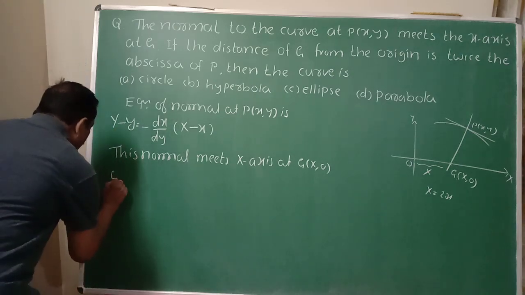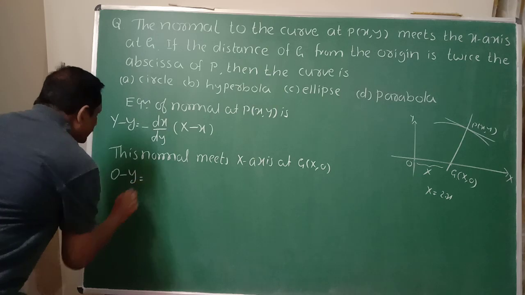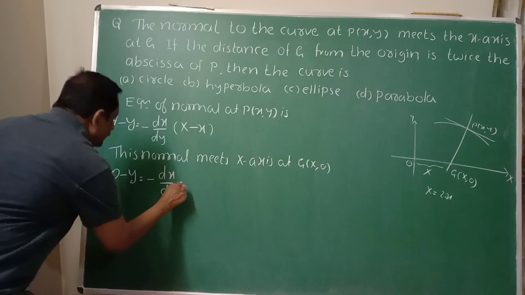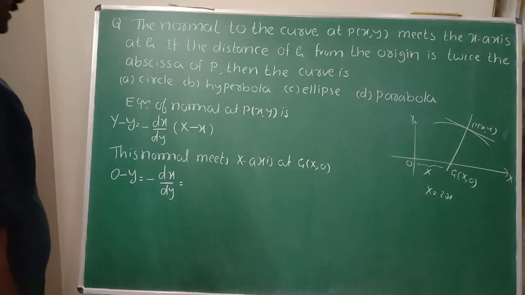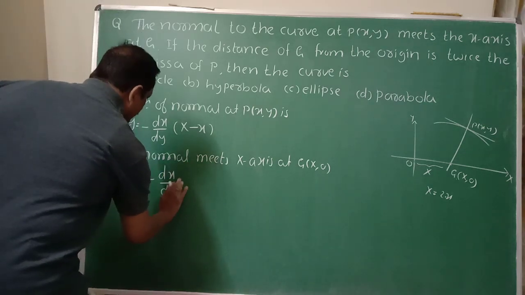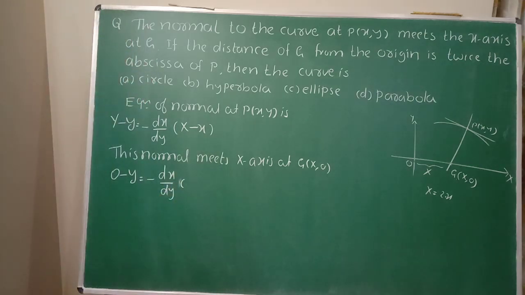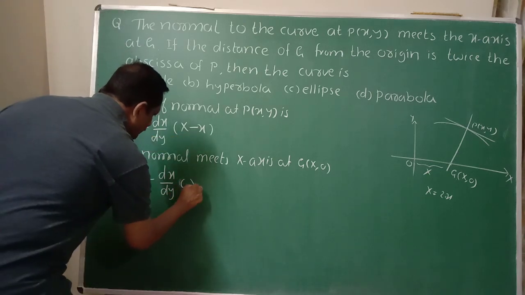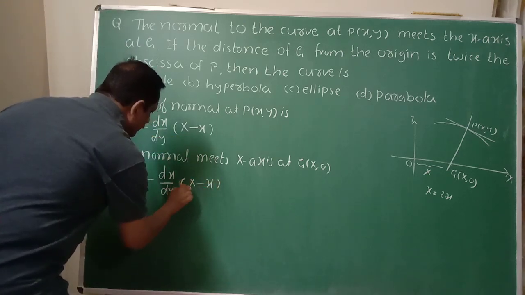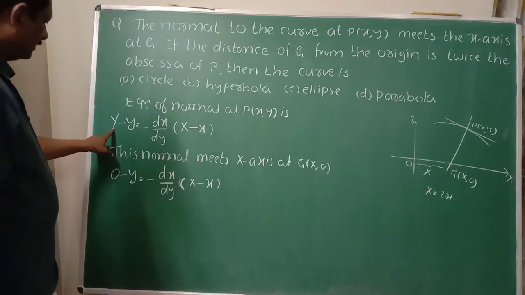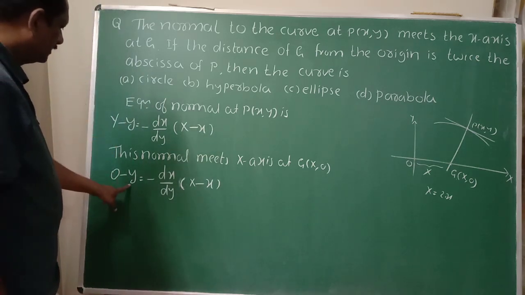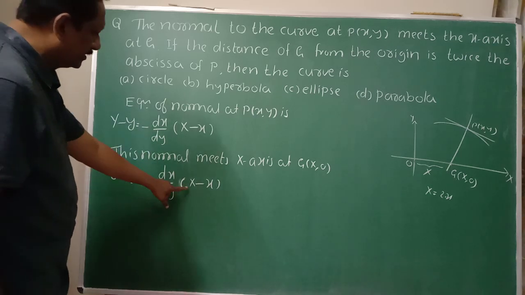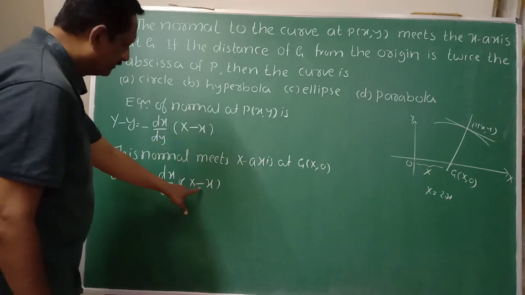So 0 minus y is equal to minus dx upon dy into (X minus x). Just replace Y by 0: 0 minus y is equal to minus dx upon dy into (X minus x).